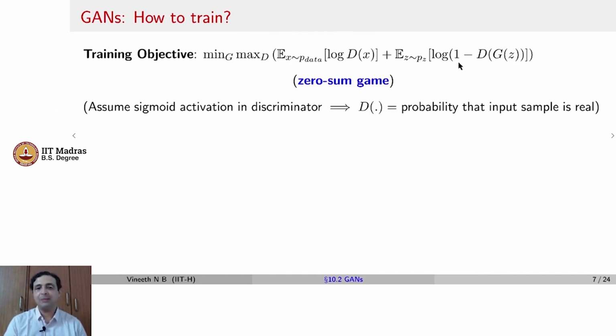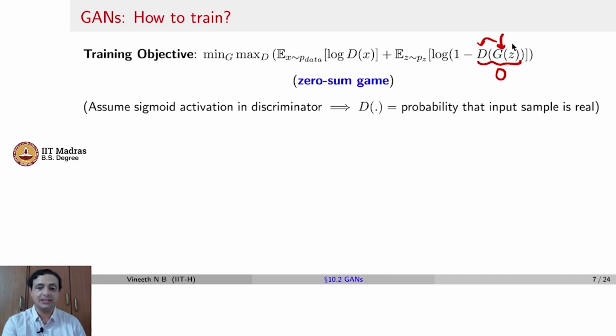And the second part states, if you now take a sample from the Gaussian and give that Gaussian to your generator G, and the output of the generator is given to the discriminator, we want to ensure that the output of that is 0.